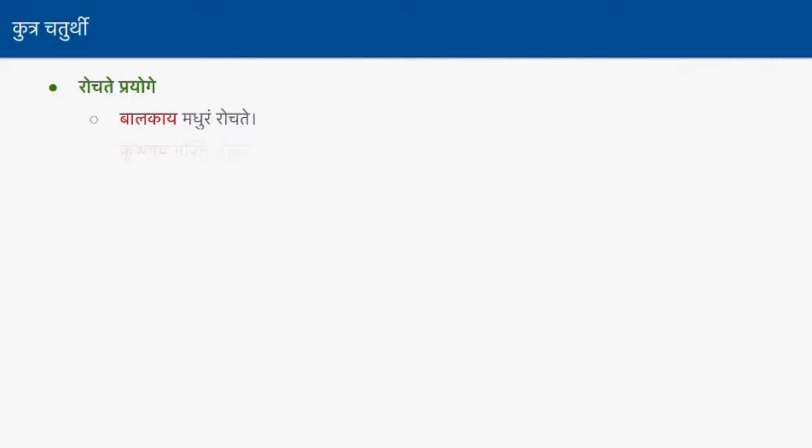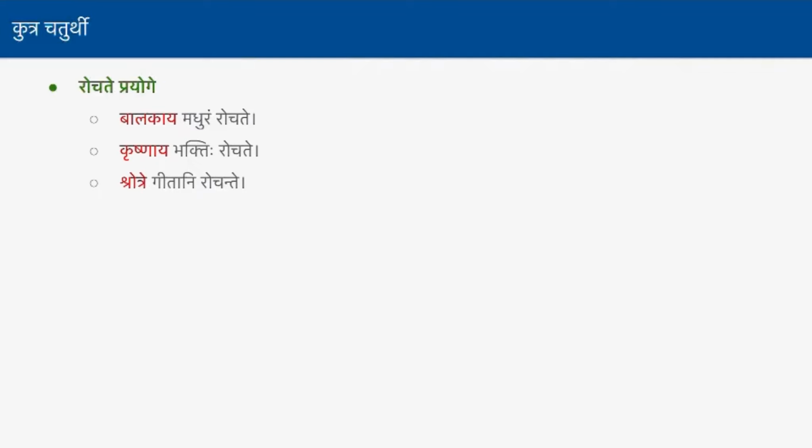Let us see some other examples now. Krishnaya bhaktihi rochate. The actual sentence is Krishnaha bhaktim ichchati. He likes the devotion. And shrotre gitani rochante is an example for the plural. The actual sentence is Shrota gitani ichchati, and when you translate with rochate, it becomes shrotre.